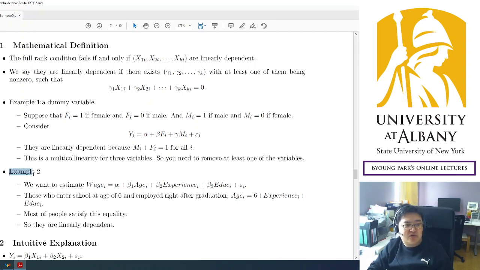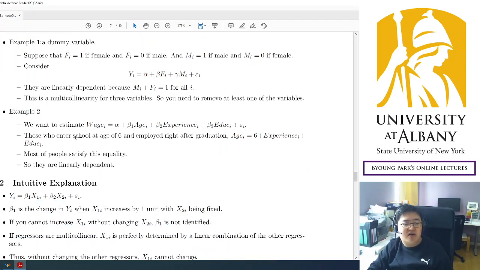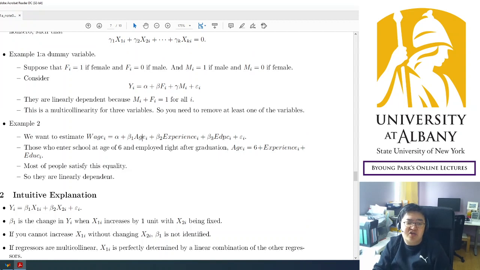And example 2. Now consider a similar regression equation. Now wage is regressed on intercept, age, work experience. So work experience is how many years you have been in the labor market. And education, how many years of education you got.